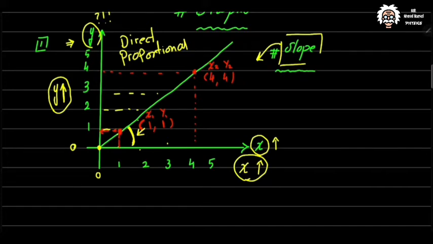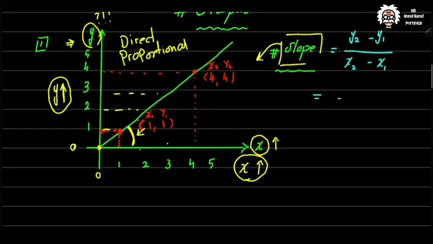At first we need to determine any 2 points from our straight line. Then to calculate the slope, we can use this equation, which is y2 minus y1 over x2 minus x1.